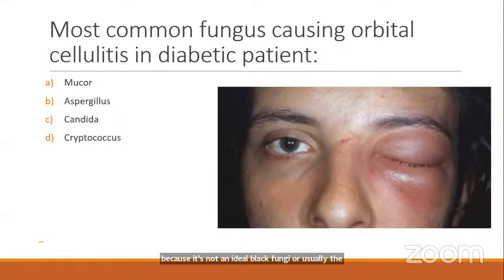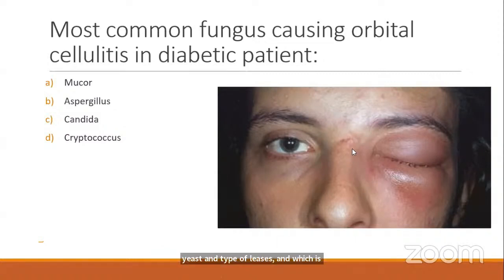So this is not something which comes under black fungi. But always remember, whenever you are seeing a diabetic patient, it is mucormycosis in the nose, and in the ear it is Pseudomonas infection. Yes, it was heard back in COVID-19 initially.